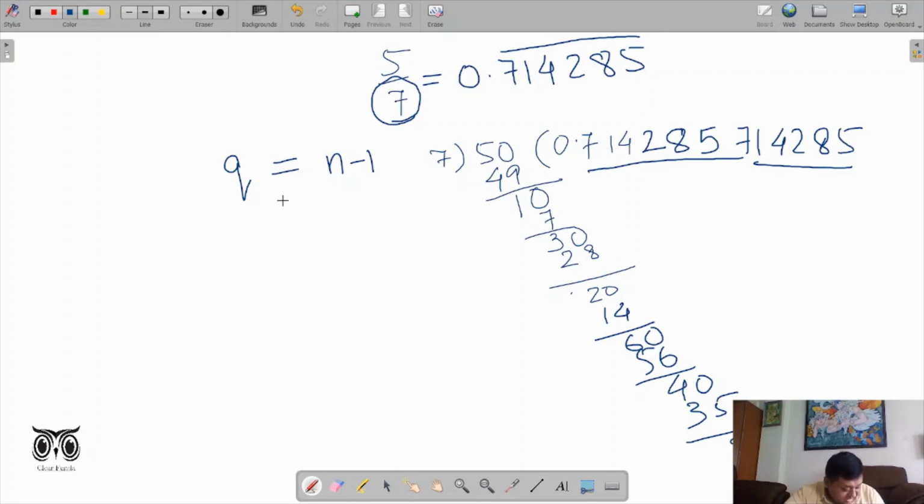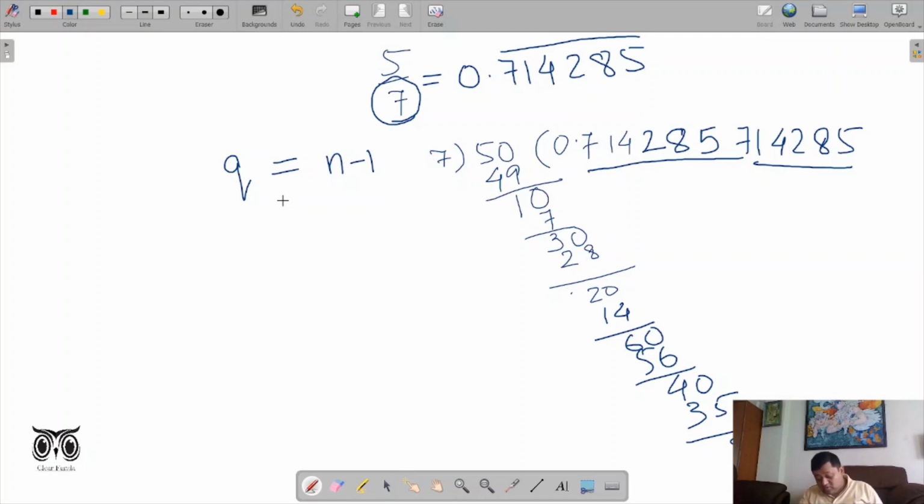This is called the length of the period. One second, I'm just taking a thing from my notes. Yeah, so if the divisor is n, then the maximum number of entries in the repeating block of digits is n minus 1. Okay, and this is called the length of the period. So this is what we have to understand.